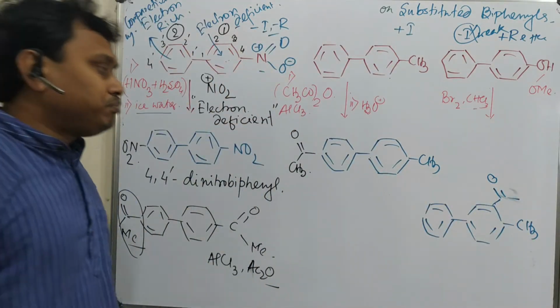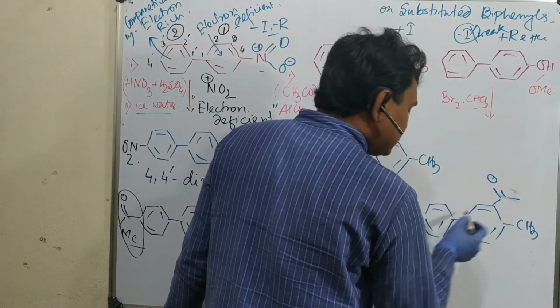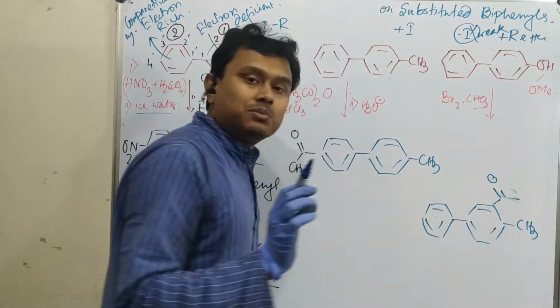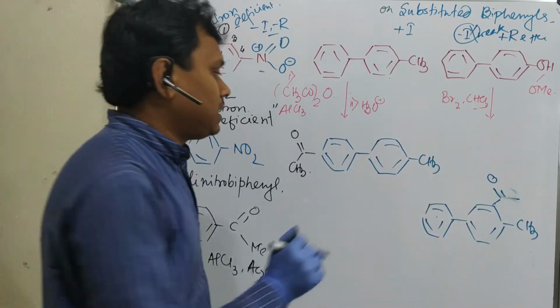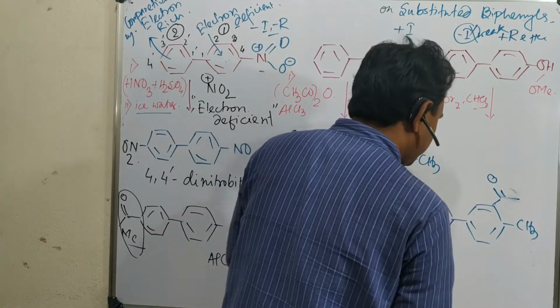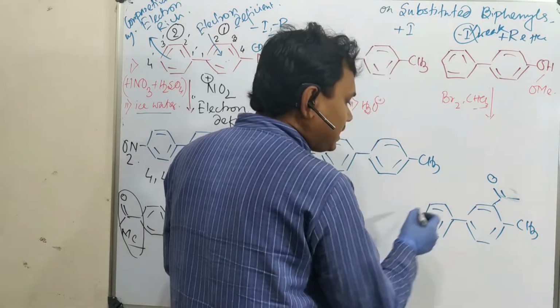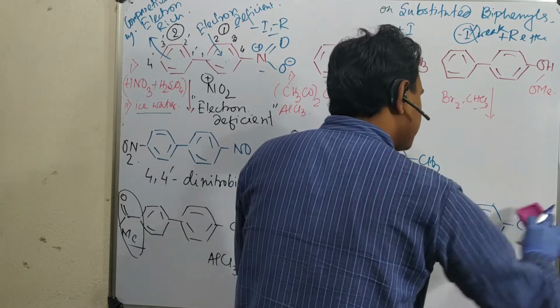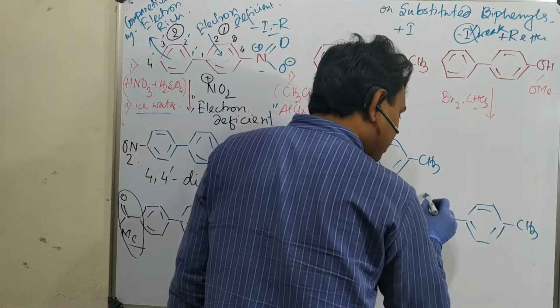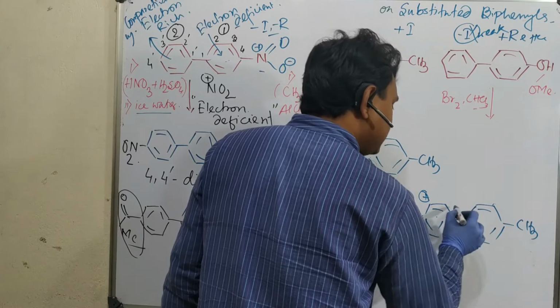Question why? Because this is more stable. Another thing, you have to go through that canonical form thing. If it happens at this position instead of this, then the positive charge will come here, here, here.